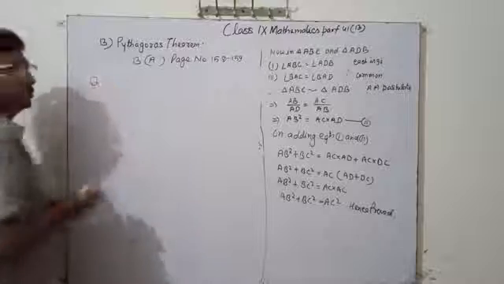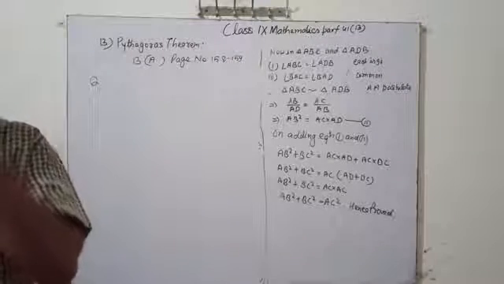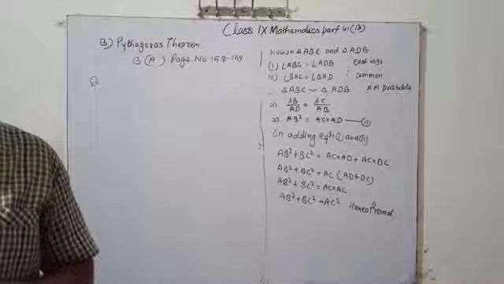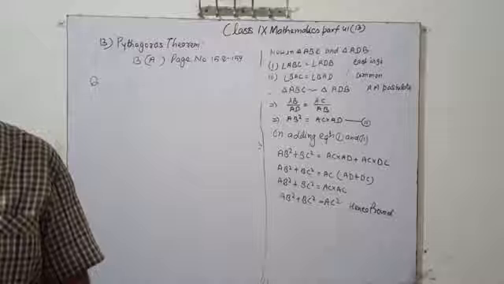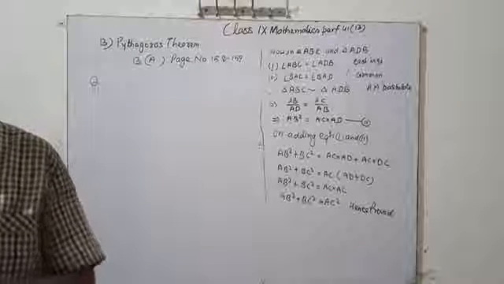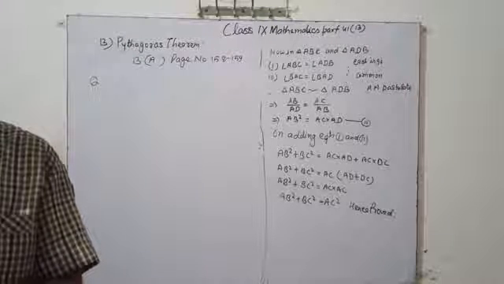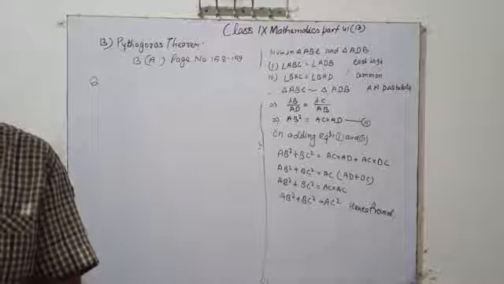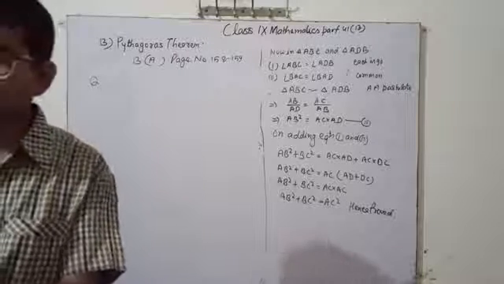Now come on, question one. A ladder 13 meter long rests against a vertical wall. If the foot of the ladder is 5 meters from the foot of the wall, find the distance of the other end of the ladder from the ground.